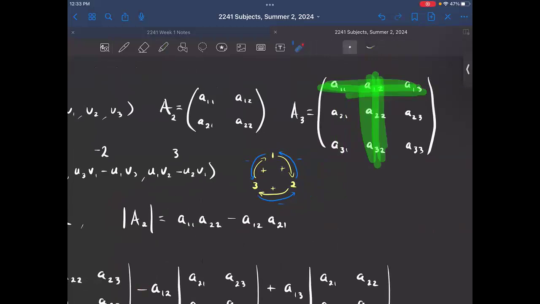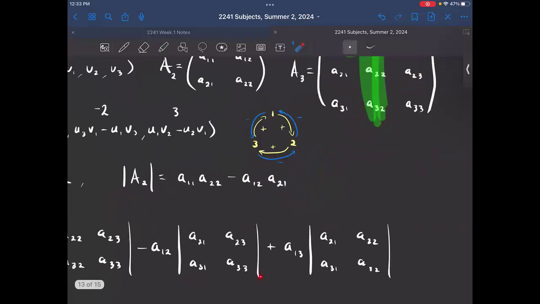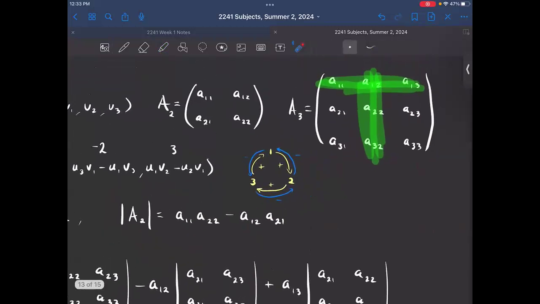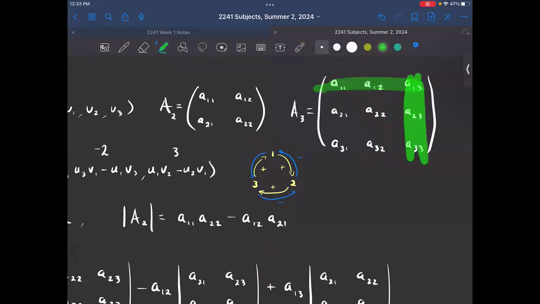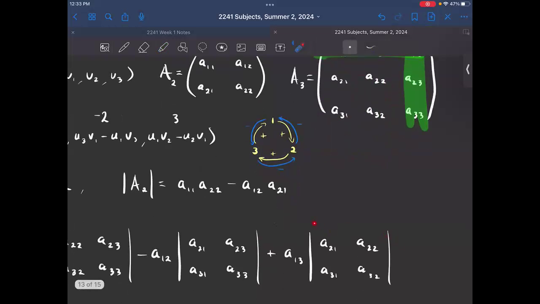And then the remaining matrix consists of these entries just stuck together in one matrix like that. Okay, same for A13. We cross the first row off, cross the third column off, and your remainder matrix is what you put in as the determinant factor over here.